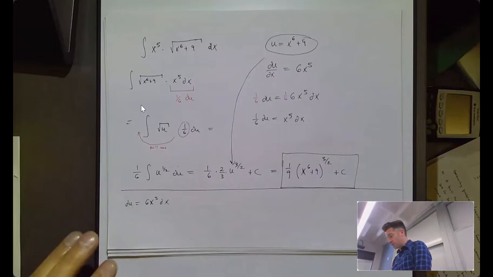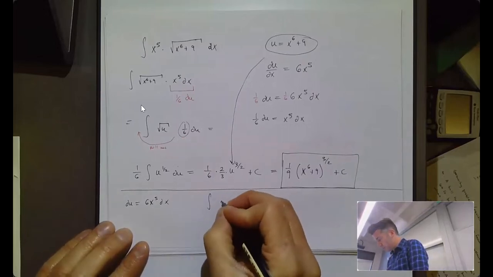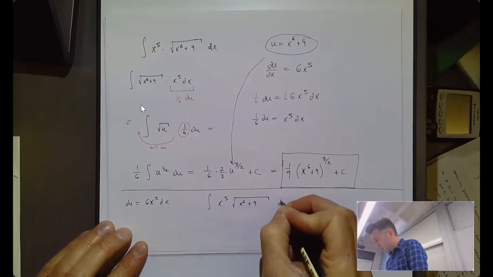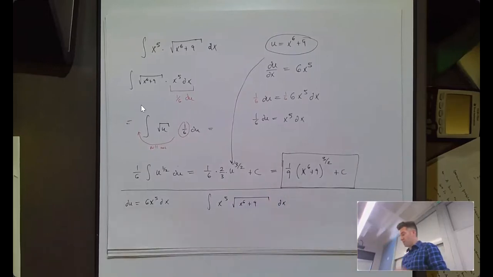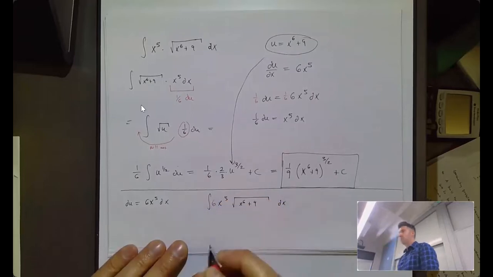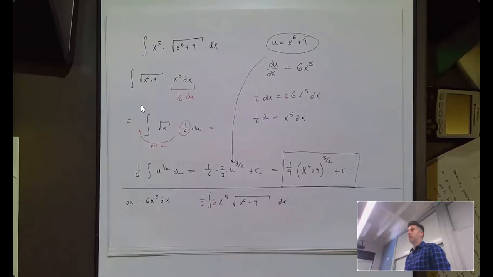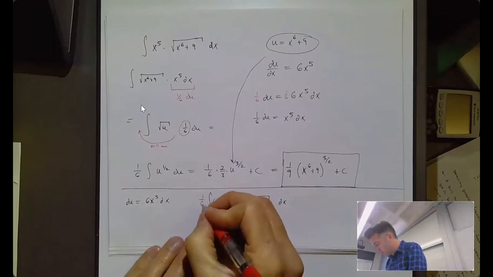So what I'm going to do is take my integral and, well, I wish there was a 6 there. I can't just multiply by 6. If I multiply by 6, what else do I have to do? I should say, if I multiply by 6, what else do I have to divide by? Also 6. So that I only multiply by 1.